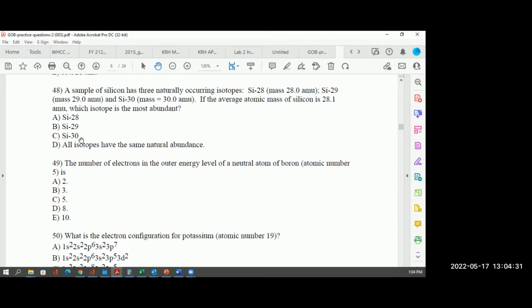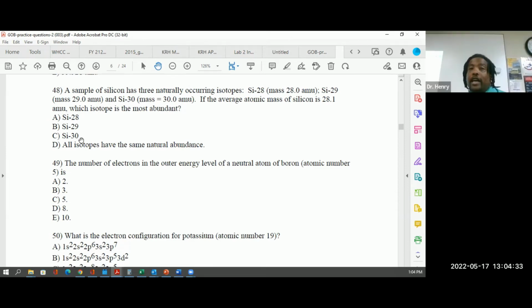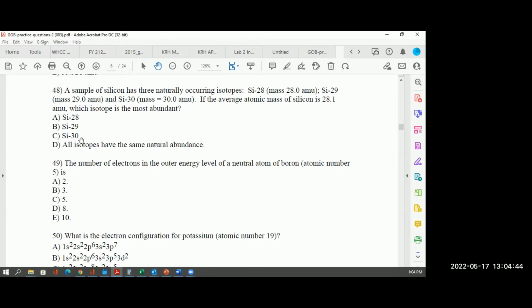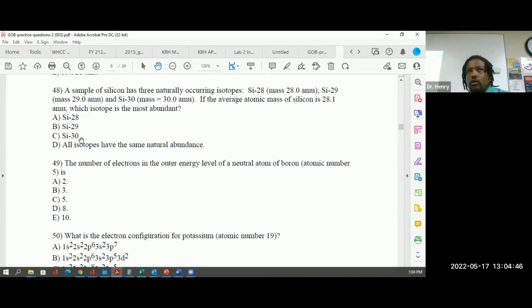So A, because it's 28.1, so it's closest to 28. If it was 28.9, which one would it be closest to? B, 29. Right. So that average tells you which one it's closest to, and that's going to be the one that's most abundant.